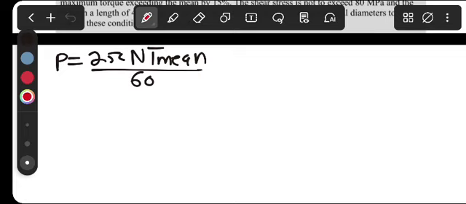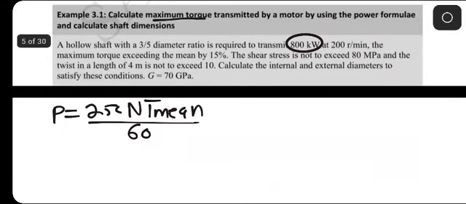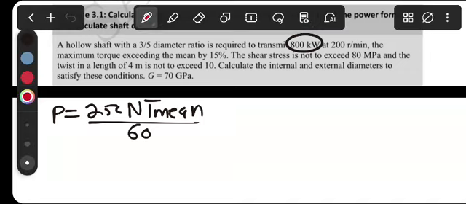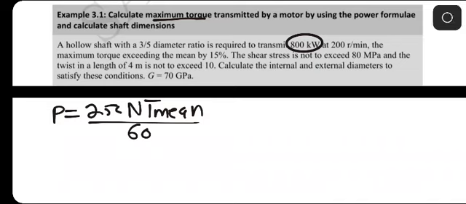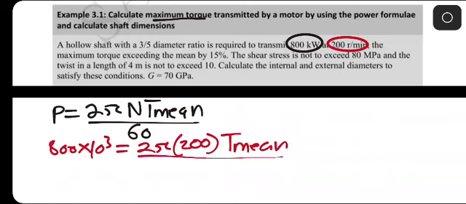Okay guys, the power we have is 800 kilowatts, which is 8 times 10 to the power of 5 watts, equals 2 pi N, where the speed is 200, as you can see, times T mean, which we don't know yet, divided by 60.